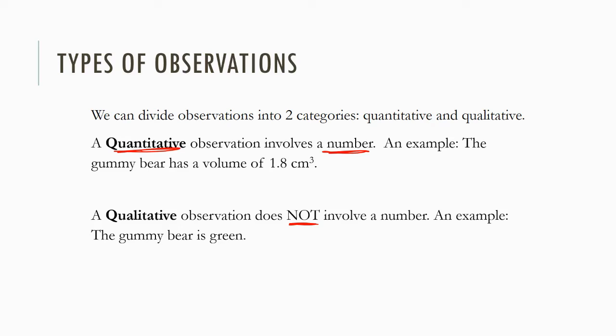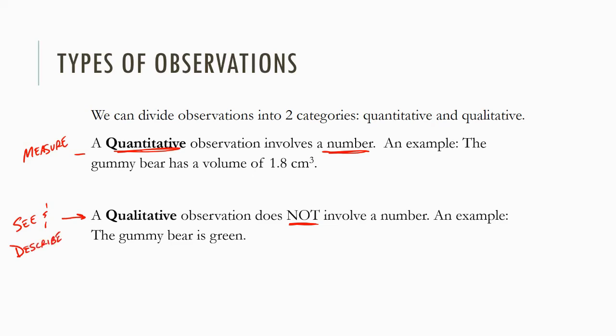A lot of times when you think about observations, they can be defined as either quantitative or qualitative. Quantitative would be something that you measure, and qualitative would be something that you see, so we could say see and describe.